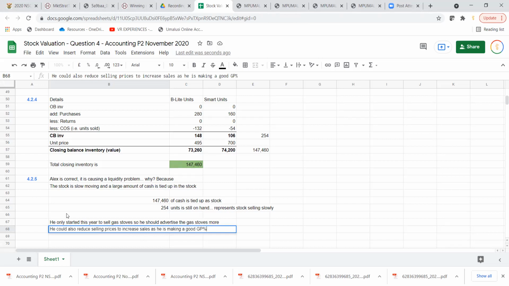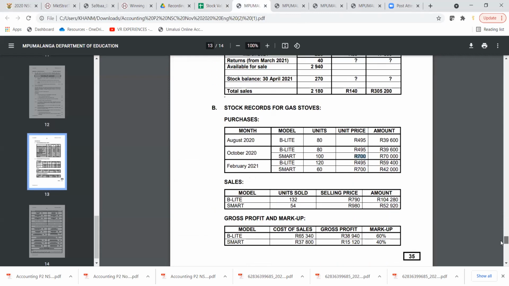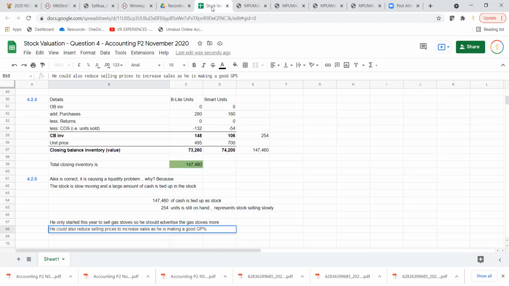So you can see his GP percentage for gas stoves is like 40%. Here you can see for Be Light it is 60%, for the Smart it is 40%. So you can see he's making a good GP, so you can reduce the selling price.